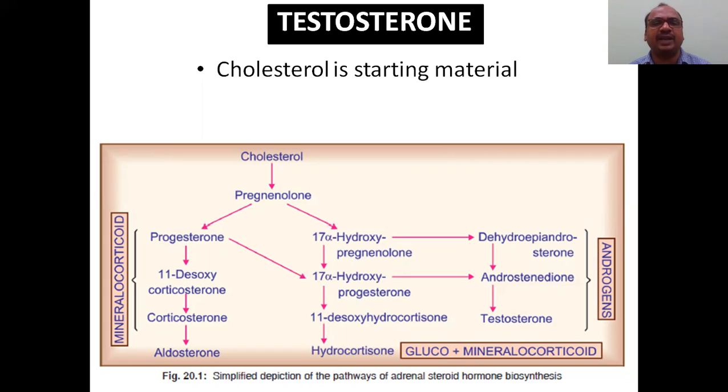Cholesterol is converted into pregnenolone, and then you get androgens. See 17-alpha-hydroxypregnenolone, or progesterone, to this, so many ways are there. This is one way, this is another way. Finally you will get testosterone. Testosterone is nothing but an androgen.